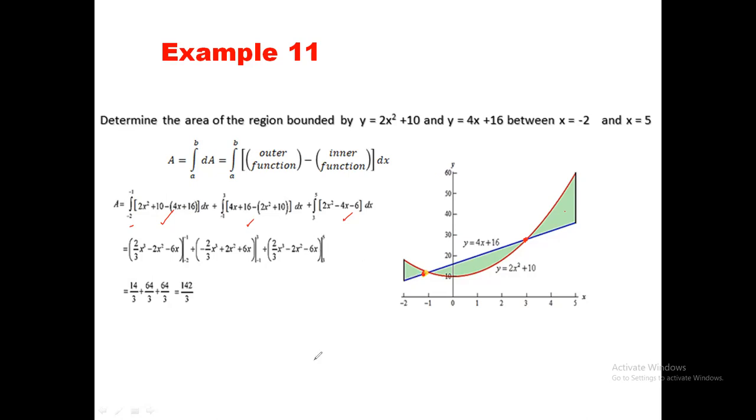For the second one, you will have 4x plus 16 minus 2x squared plus 10. For the third one, you will have 2x squared plus 10 minus the line, which is 4x plus 16. Your limits are also different. So this is from -2 to -1, -1 to 3, and then 3 to 5. This will be the area.